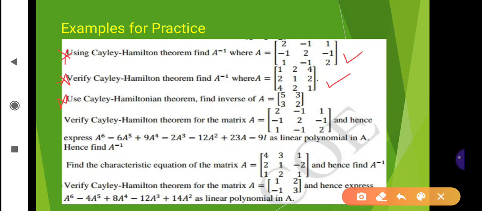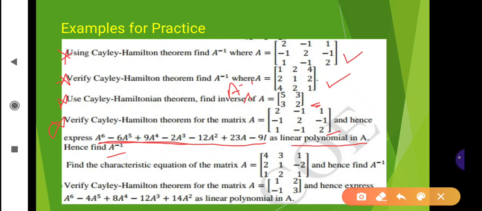Third question: use the Cayley-Hamilton theorem and find A inverse. Write down here, find A inverse for this matrix A is equals to 5 3, 3 2. Then the next one is verify the Cayley-Hamilton theorem for the matrix. This matrix is given, 3 cross 3. Hence express this expression as a linear polynomial in A and find A inverse.